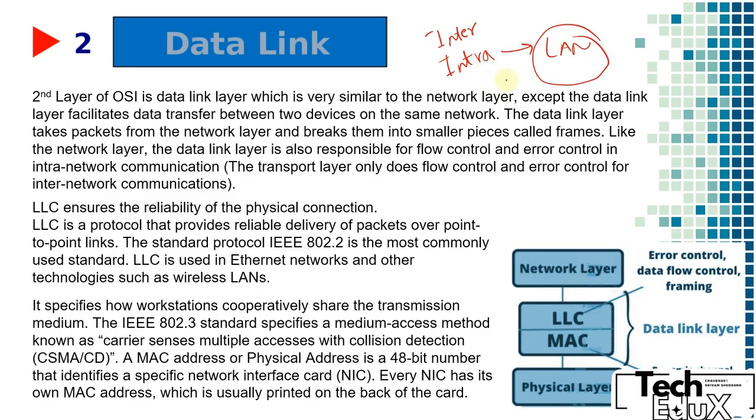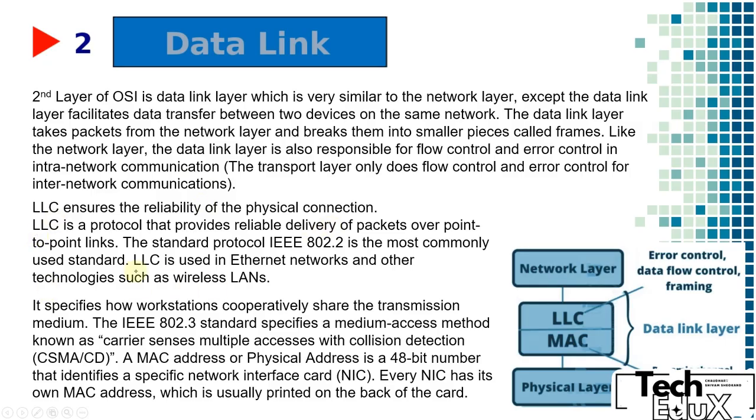You are physically or logically sitting there. But inter, you can take from the word internet. And for the internet, you always have to leave your boundaries. So inter-communication is where geographically you are far away from each other. This is where the transport layer does flow control and error control, in inter-network communication. So LLC ensures the reliability of the physical connection.